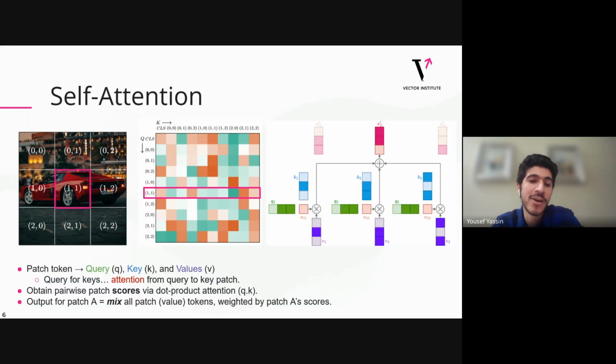So it's basically just an area of the larger image. For the sake of example, we have an image of a car on the left here, and we're dividing it into a 3x3 patched image. We've labeled these patches based on their coordinates, so 0,0 in the top left, all the way to 2,2 on the bottom right. And we'll walk through how attention works so that you get an intuitive feel for what it's doing.